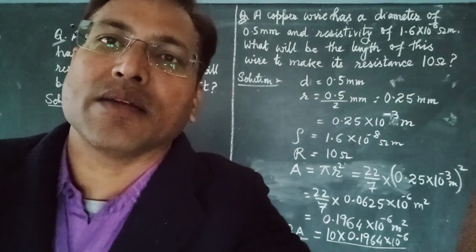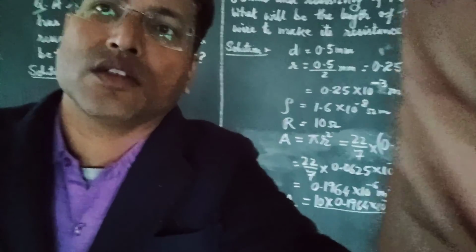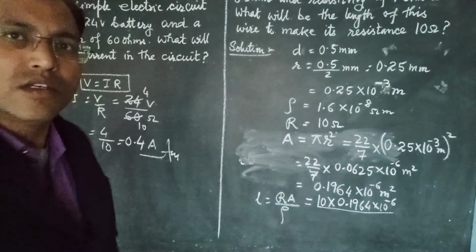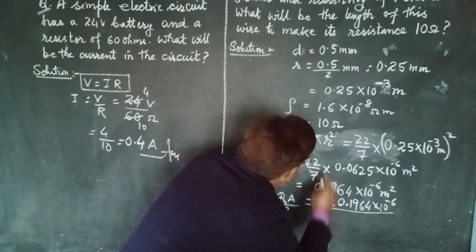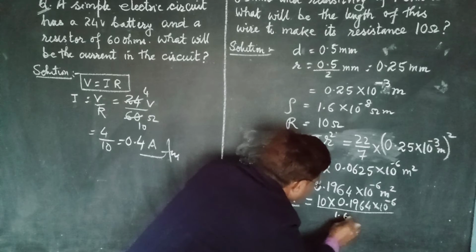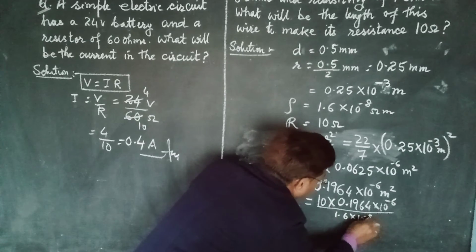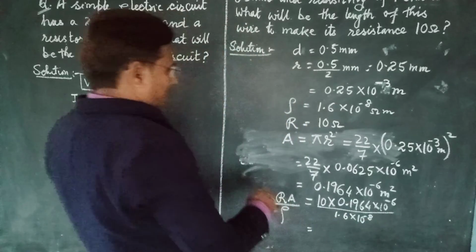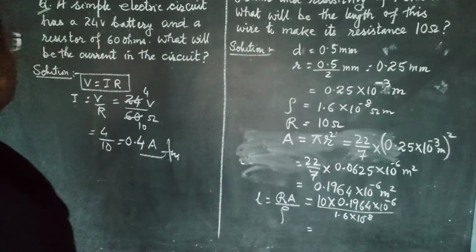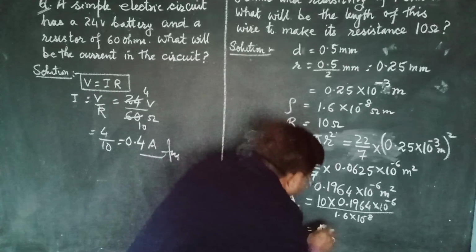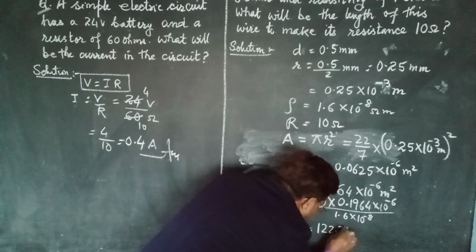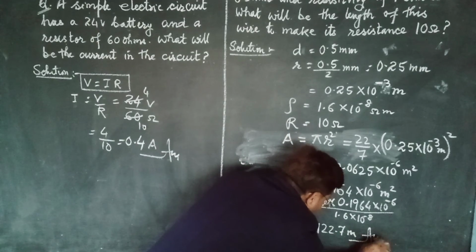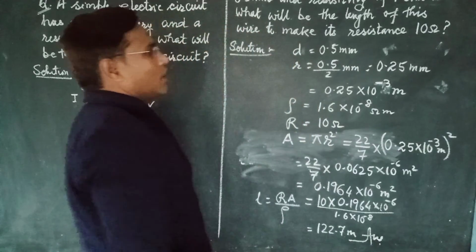Wait, let me move the camera a little downward. When you multiply and divide and solve, you will get your answer as 122.7 meter. So this is how we are solving.